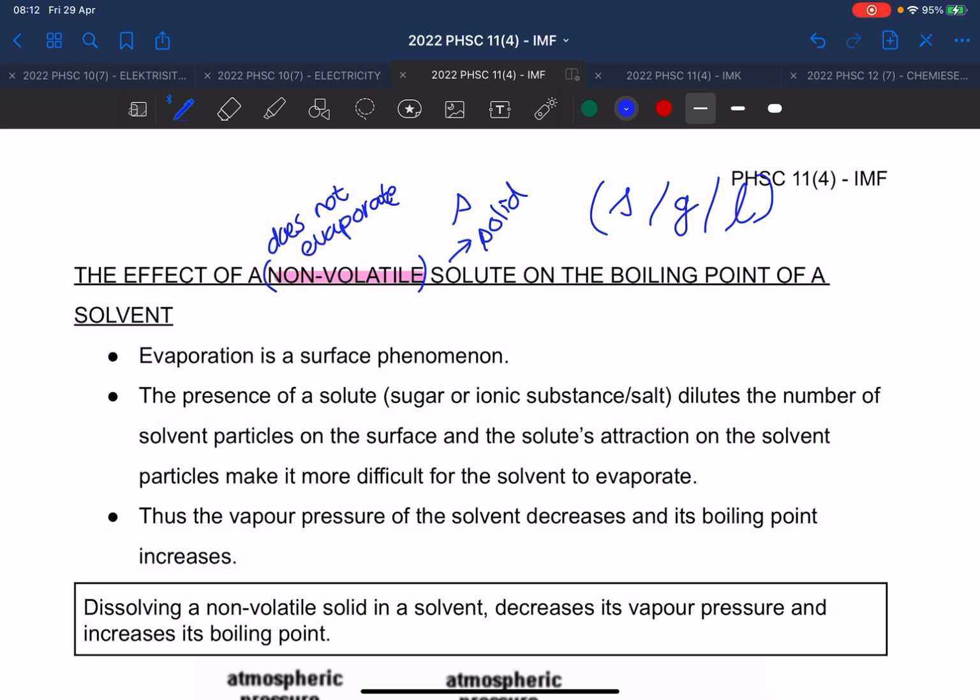You add salt for 2 reasons. Number one, for taste. But the second one is, water on its own, you did this practical last year, at what temperature does water boil? Let's say 90 degrees Celsius. But you want your pap to be done faster.